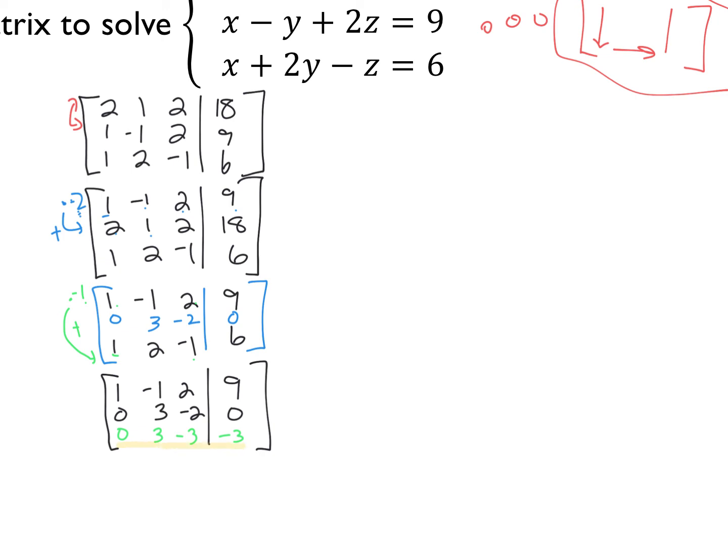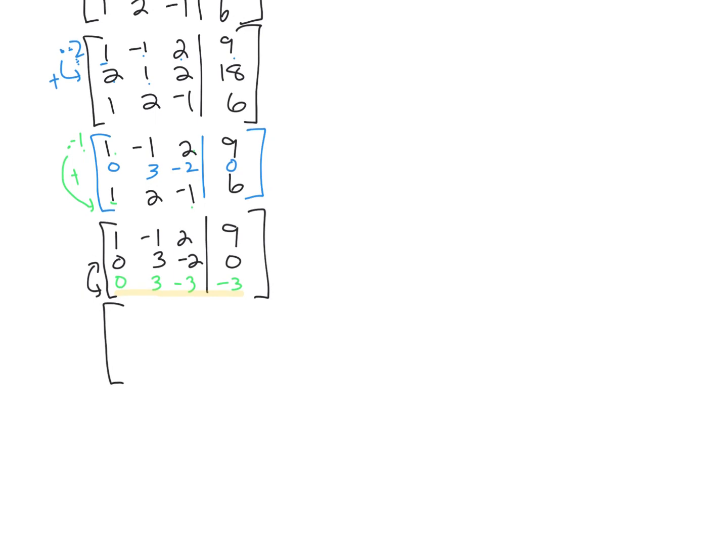All 3 of these numbers are divisible by 3, which would mean it is easiest to just switch rows 2 and 3 in our next step. So I'm going to copy row 1 from the previous step because I know it's not changing, and I'm going to interchange rows 3 and 2.